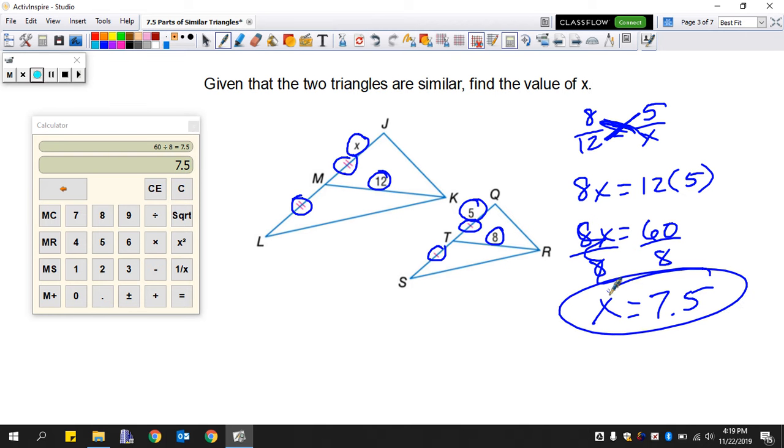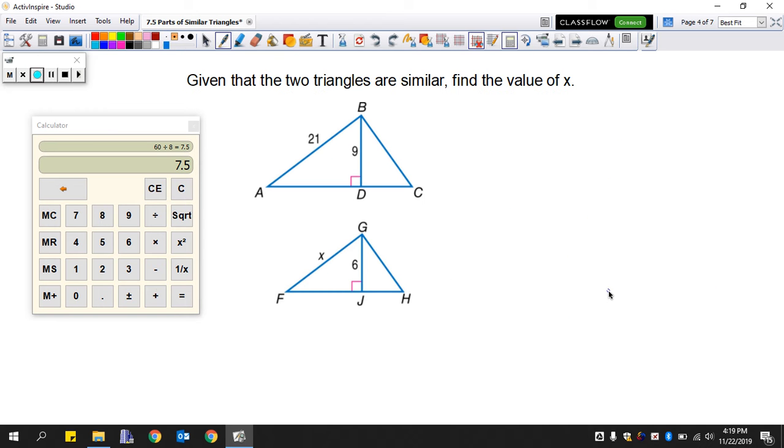The next one says these are two altitudes. So I'm going to say the altitude of 6 to 9 is equal to x to 21. And we're going to cross multiply.